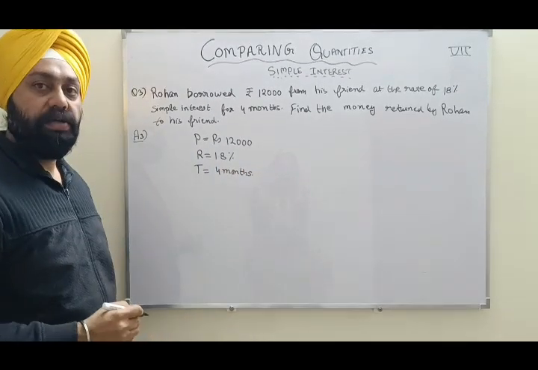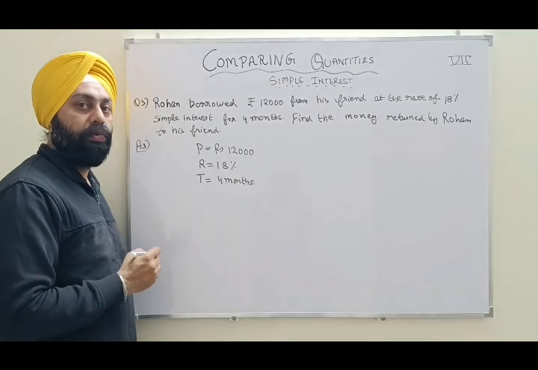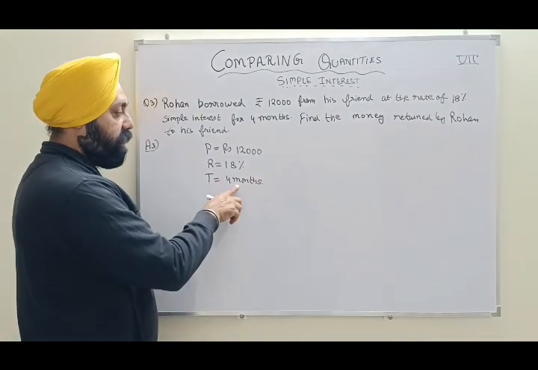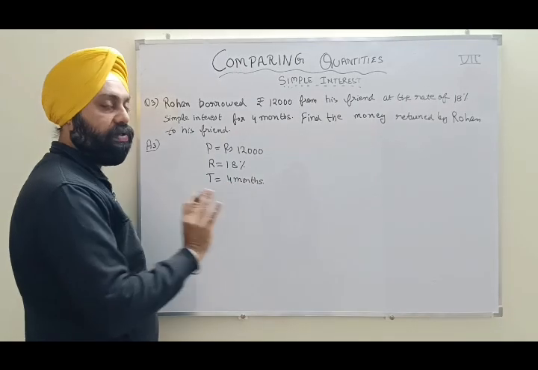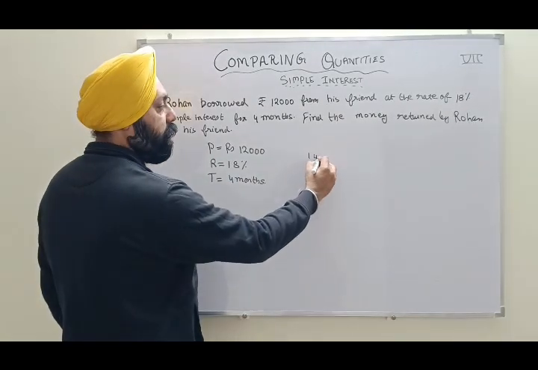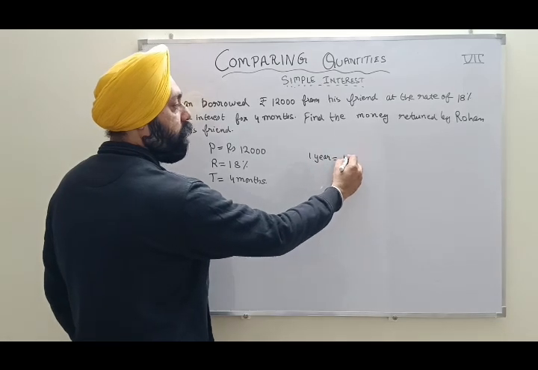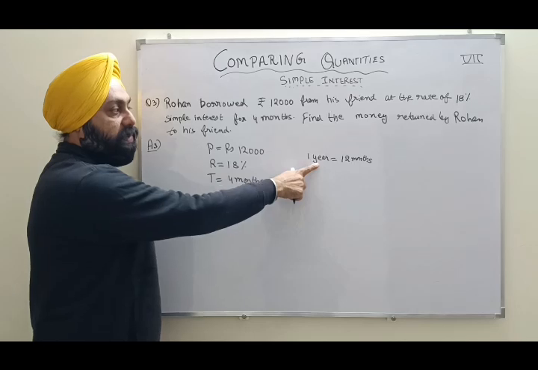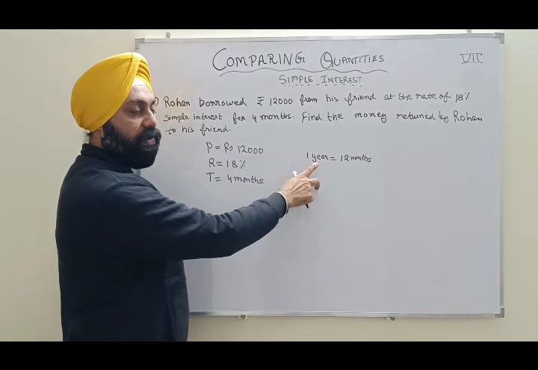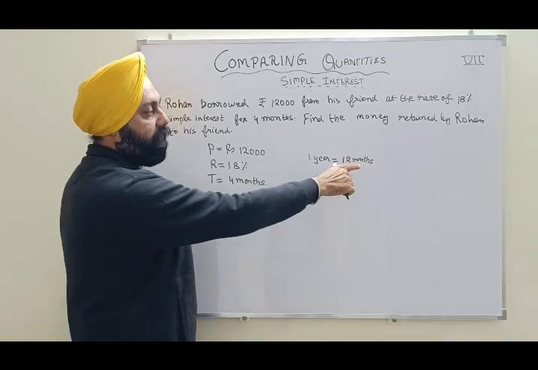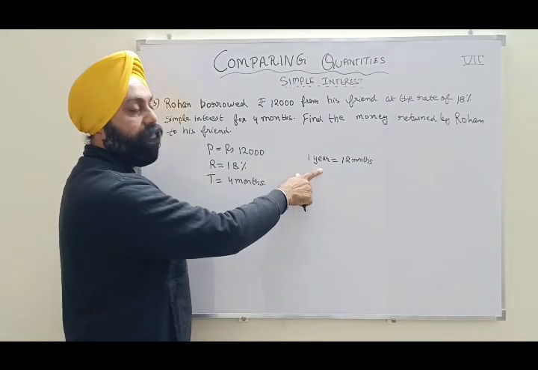Here the time is in months, but in the formula we always put the time in years. So whenever it is given in months, you have to always convert into years first. We know that 1 year is equal to 12 months. Year is bigger, months is smaller. Whenever we are converting bigger to smaller, we usually multiply, and whenever we are converting smaller to bigger, we divide.